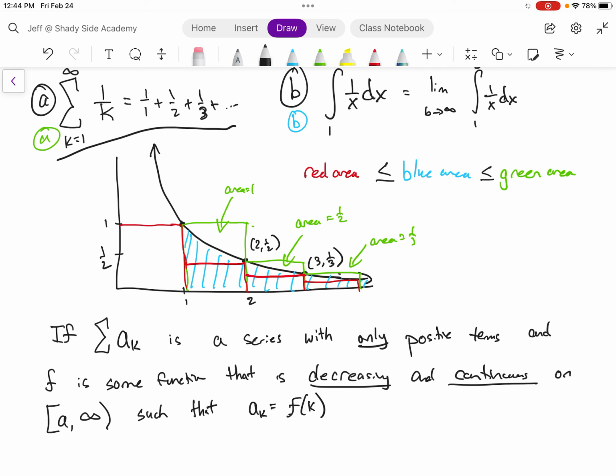What that means is that while this function is defined everywhere, this sequence only has terms at every integer. So there's a first term, a second term, a third term. There's no such thing as the term 2.5. It's discretely defined at every integer from 1 to infinity.